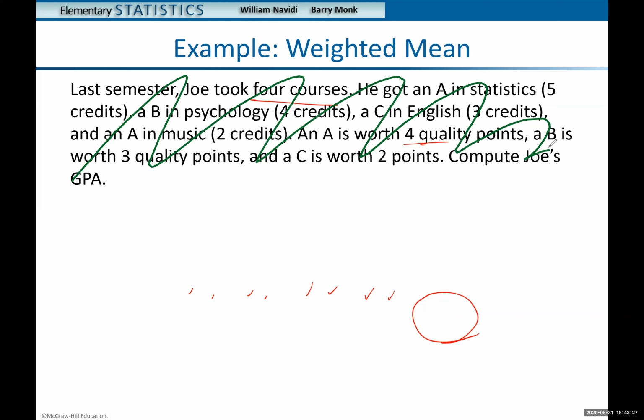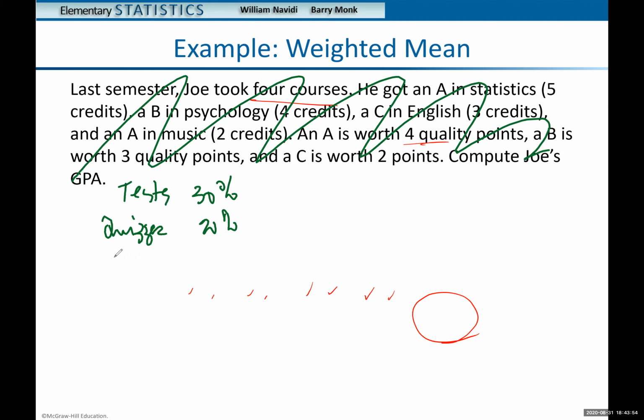So we know that when I explained this during the first day, your tests are 30%. Your quizzes, 20%.